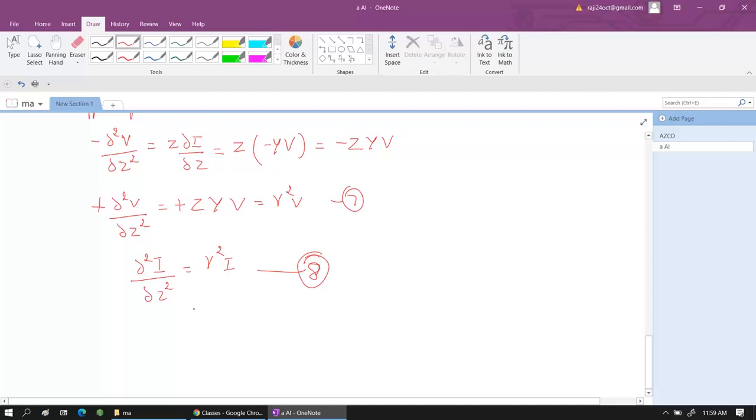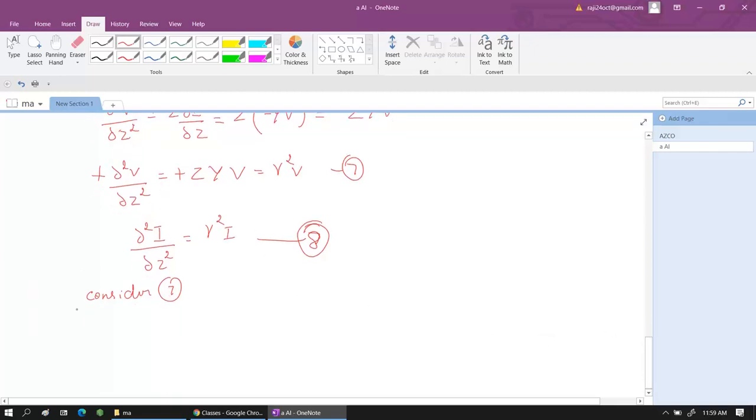Fine. What next I have to do? Now I have to solve this second order differential equation. To solve it, consider equation 7. How will you solve the differential equation? You have already studied in maths.